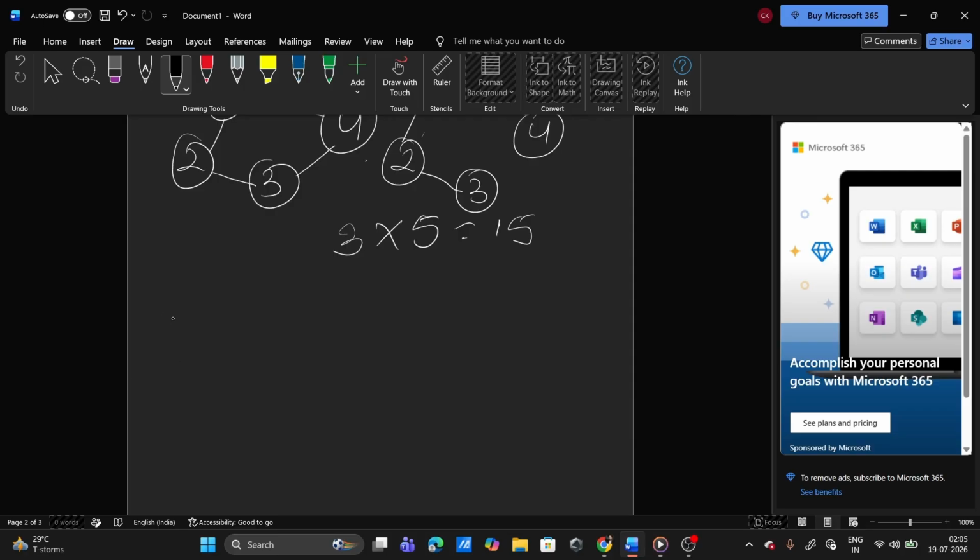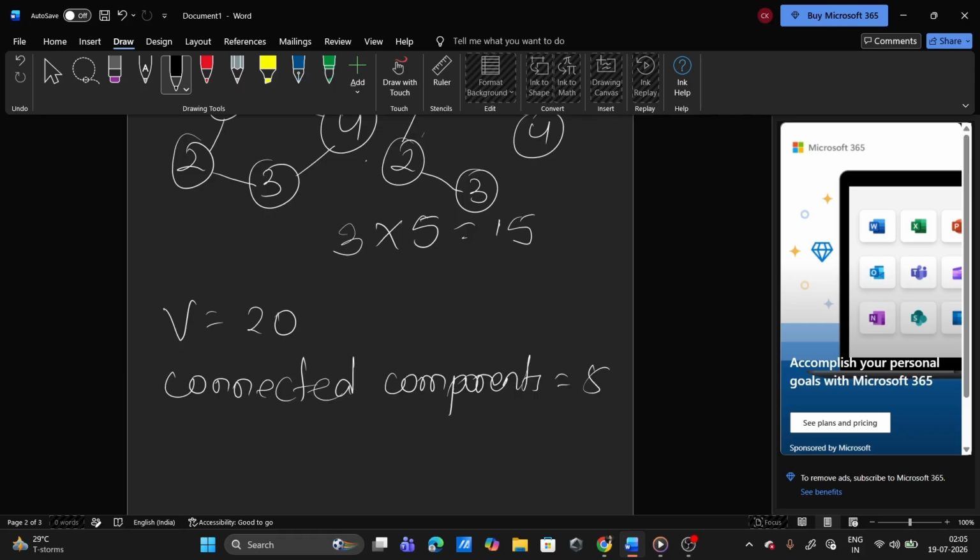How many vertices do we have? 20. And connected components 5. What do we have to find? The minimum number of edges.